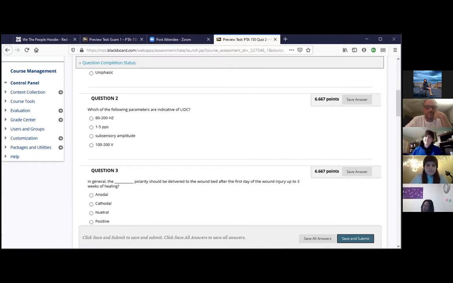It is subsensory amplitude. Low intensity direct current. All those are subsensory amplitudes, meaning what? Unable to feel it. Yeah, they're not really going to feel anything. Okay. The 100 to 200 volts is that amplitude for the high volt.